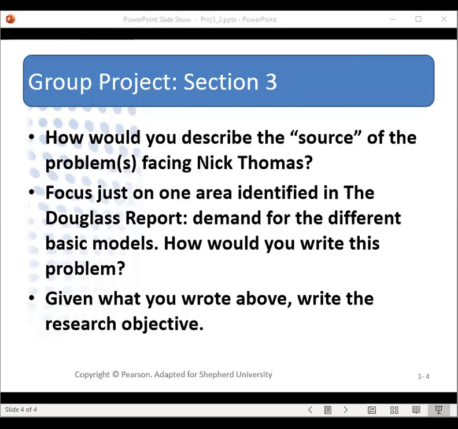So then the next and last part of this set of questions for our research report, given what we wrote above, is to write the research objective. So the research objectives for how many of the various hybrid cars will be purchased, I say, would be the following.